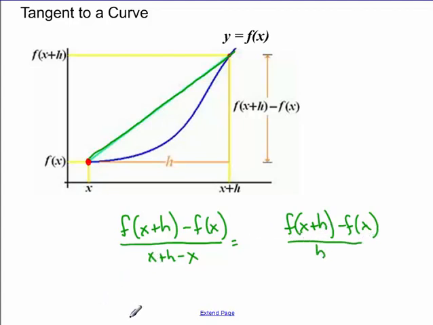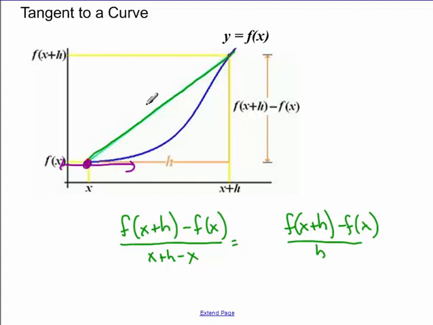But a tangent line is a line that hits our curve not at 2 points, but at exactly 1 point. It hits at x, and then that's it. If I extend the line and extend the curve, I don't know what my curve does. It could hit it at some point over here, but it hits this x at 1 point.